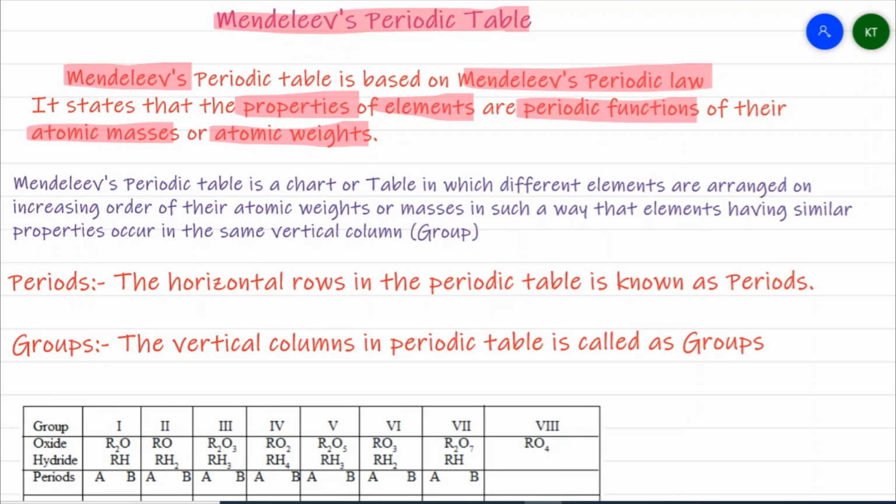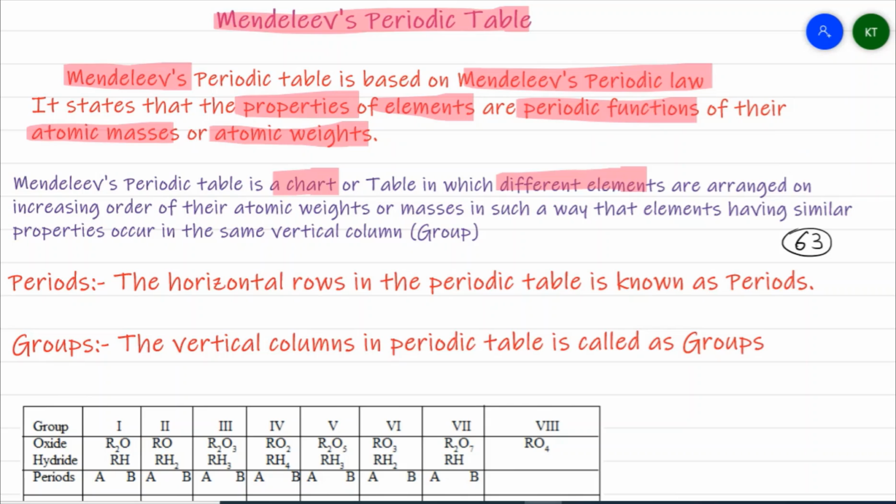So this is basically a chart where I have arranged different elements. Roughly when Mendeleev gave this periodic table, some 63 elements were given a place in his periodic table.